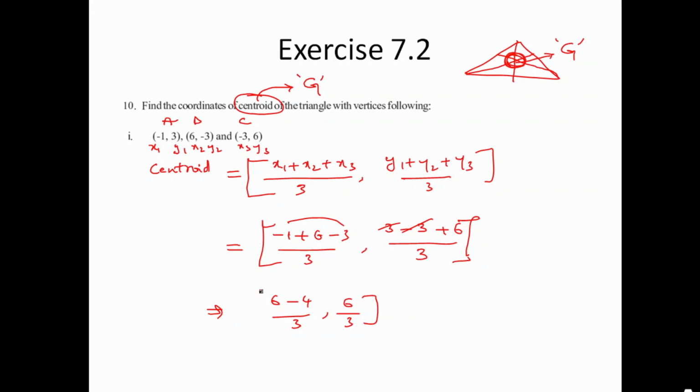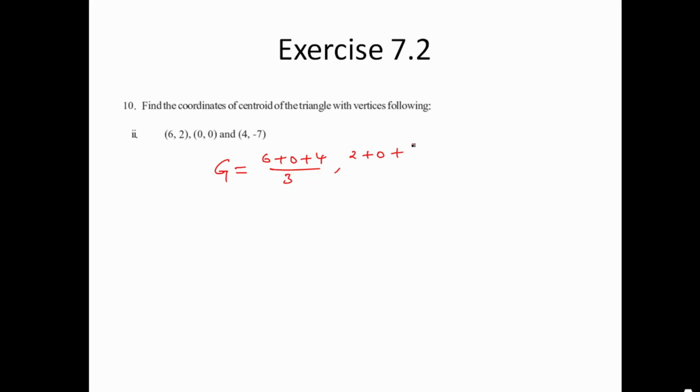So this centroid of the vertices ABC is given as 2 by 3 comma 2. Here I will get 2 by 3, and here I will be getting minus 5 by 3, isn't it? So this is your required centroid. So this is your number 5.